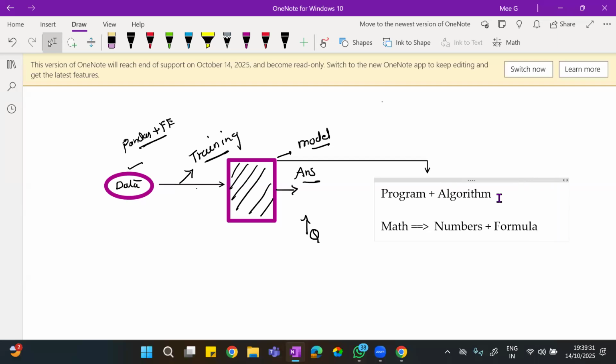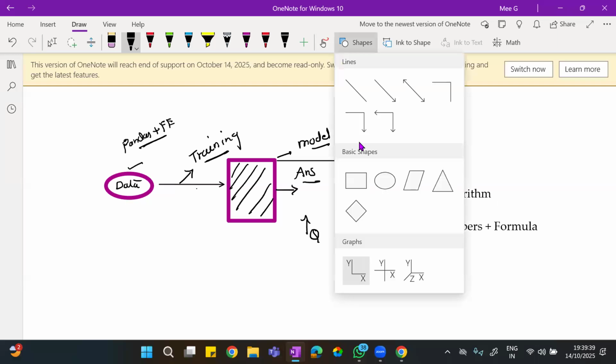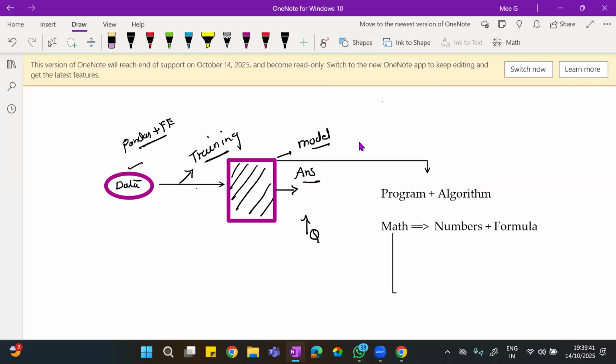This is maths, and maths has its own branches. One branch is called statistics. Statistics deals with the data and has its own formulas.